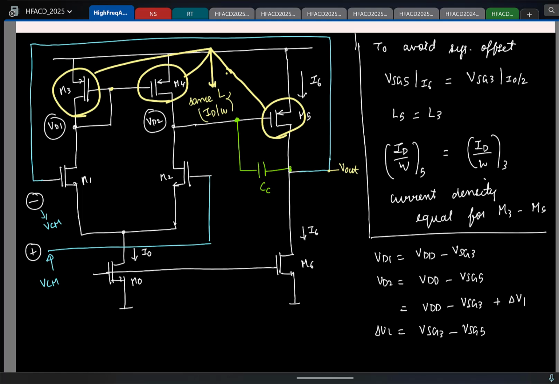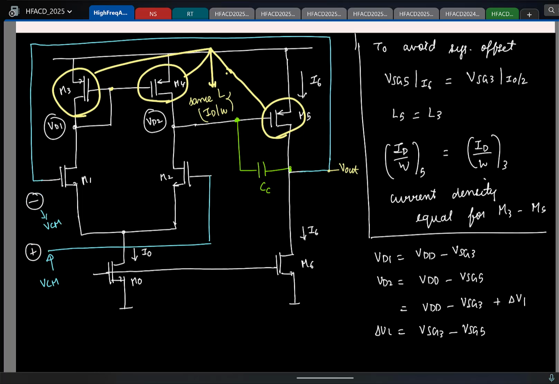I know that at the output of the first stage, I have a small signal voltage delta V1. So what should be the corresponding delta V at the input then? No, at the first stage output, I have a small signal output voltage delta V1. So what should be the corresponding change delta V at the input side?